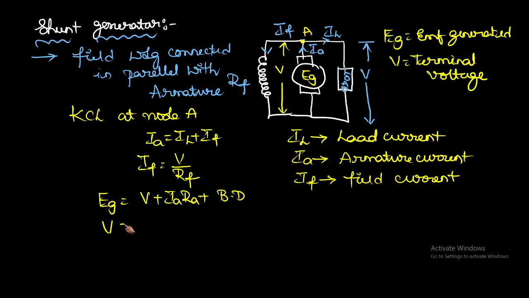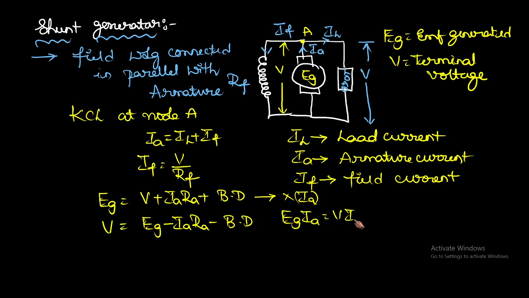If you want the terminal voltage, we can write EG minus IA RA minus brush drop. Let us multiply this equation by IA. We get EG into IA equals V into IA plus IA square RA plus IA into brush drop.